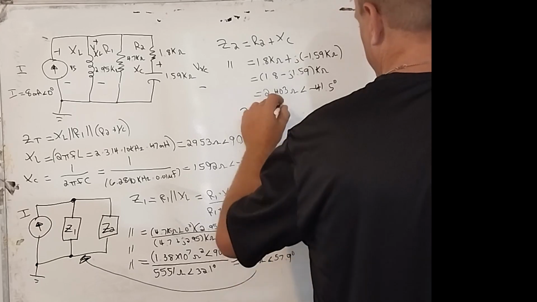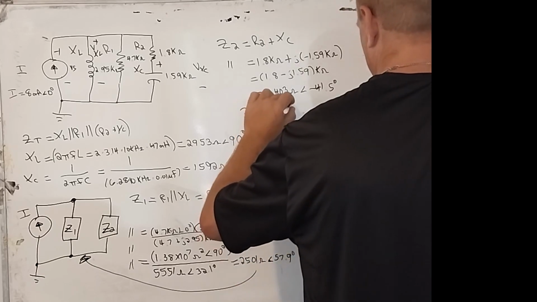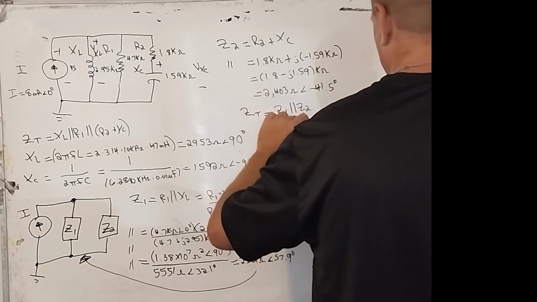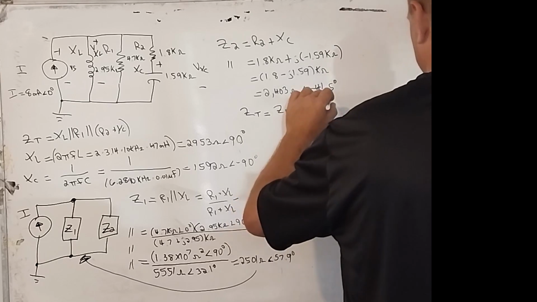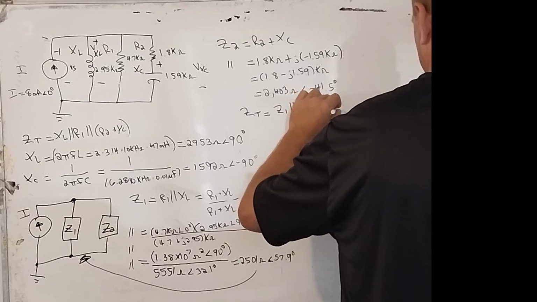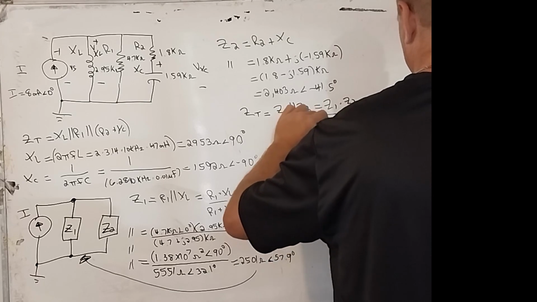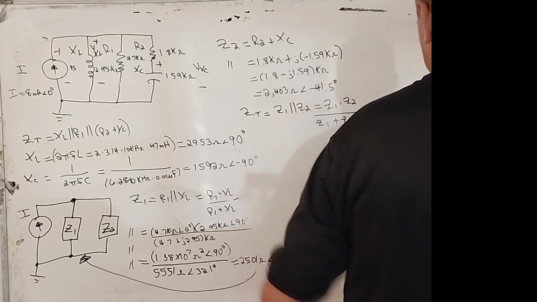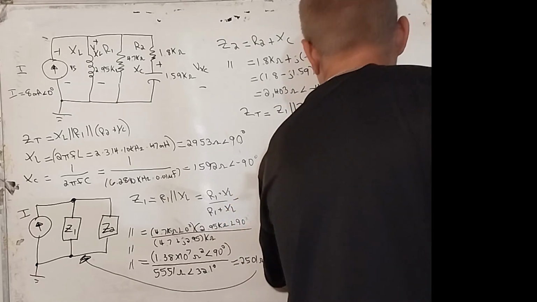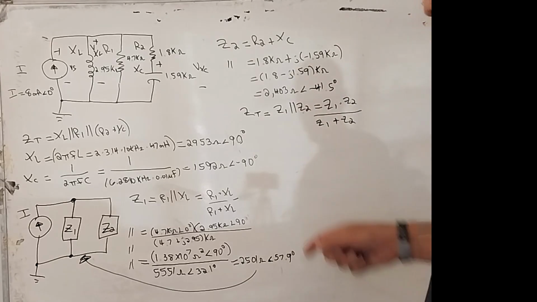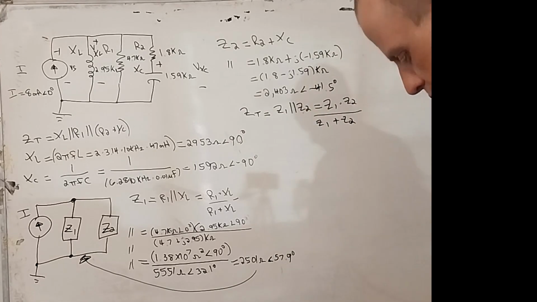That's going to be equal to Z sub 1 in parallel with Z sub 2, which is equal to Z sub 1 times Z sub 2 over Z sub 1 plus Z sub 2. And we need to understand what Z sub 1 is first, because we got to calculate that.